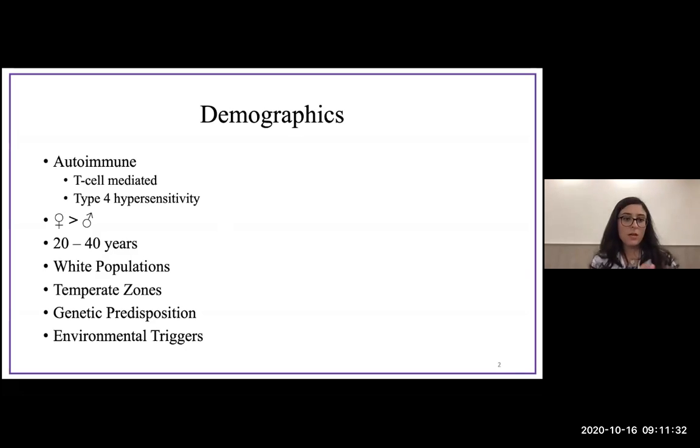There's a 2-to-1 female to male ratio, and it's more common in middle-aged individuals, in white populations, especially those who live around the temperate zones, probably owing to low vitamin D. It has a genetic predisposition: individuals who have the HLA-DR2 gene are more likely to develop multiple sclerosis. There are also environmental triggers, such as cigarette smoking, UV radiation, and an association with EBV virus as well as HHV6.